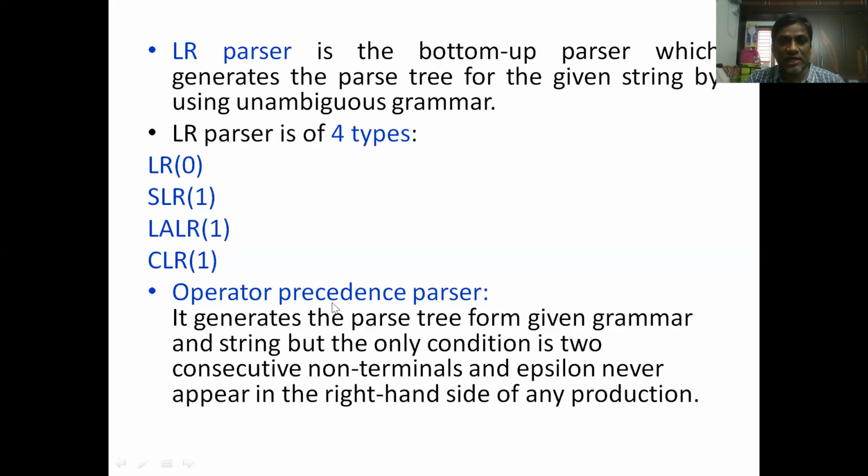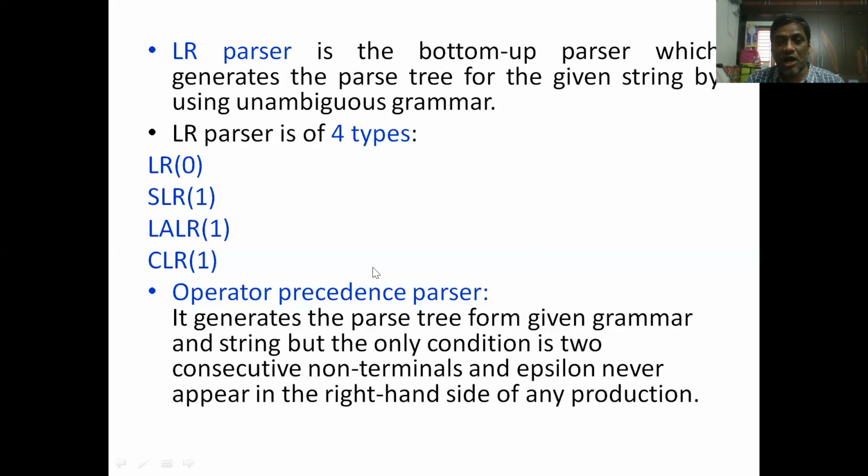And there is another category of bottom-up parser, which is a special one, the operator precedence parser, which is applied only for operator precedence grammars, not for every kind of grammar. If it is an operator grammar, then you can apply this operator precedence parser on it.